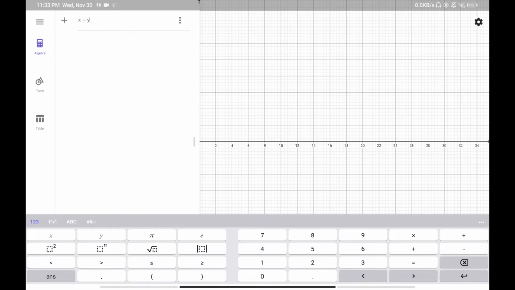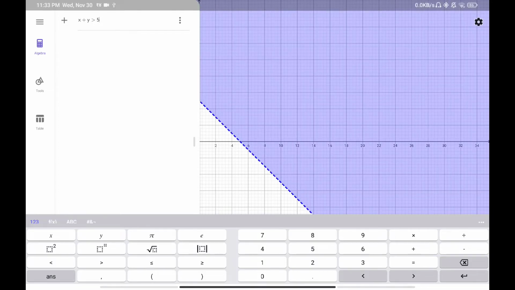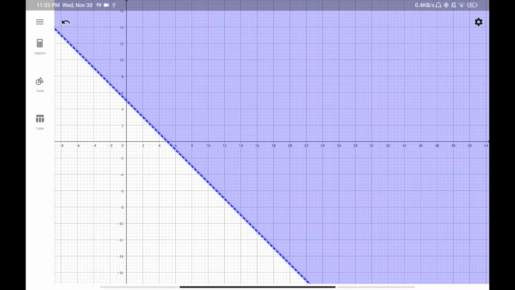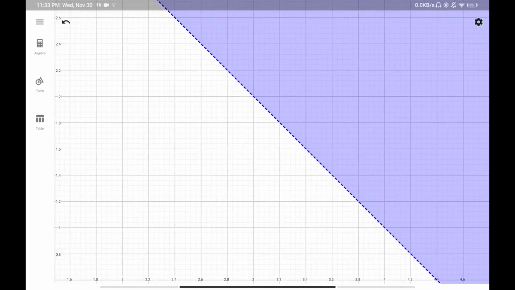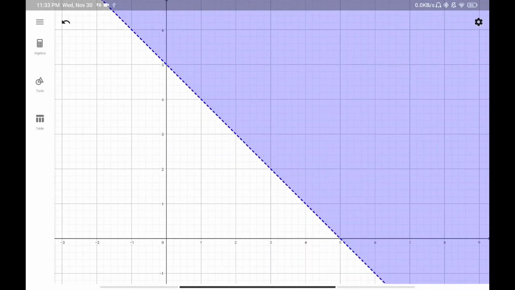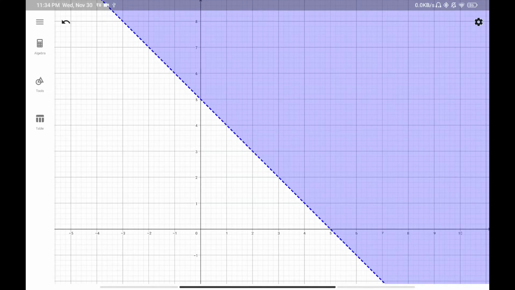Now we can clearly see that the GeoGebra application is showing the shading on the side opposite to the origin, because the origin test suggests that we shade on the side where there is no origin. So that is how we do it.